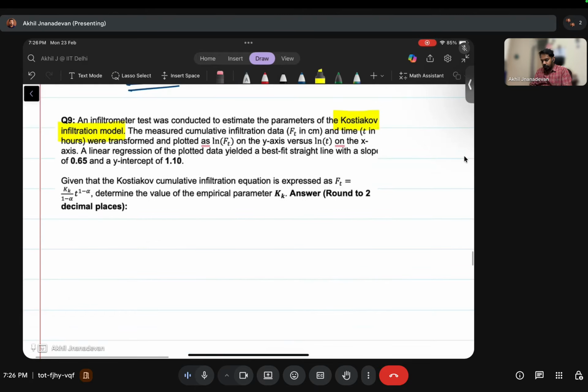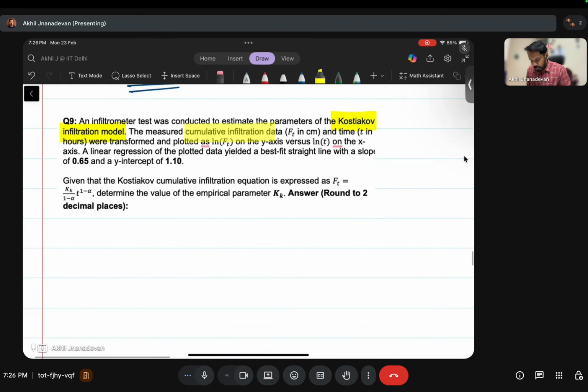So the cumulative infiltration data was measured in centimeter, and time is measured in hours. These data were transformed and plotted. They measured the infiltration depth and the time, and converted that to the natural logarithm of Ft, plotted on the y-axis, and ln of t, ln of time, on the x-axis.